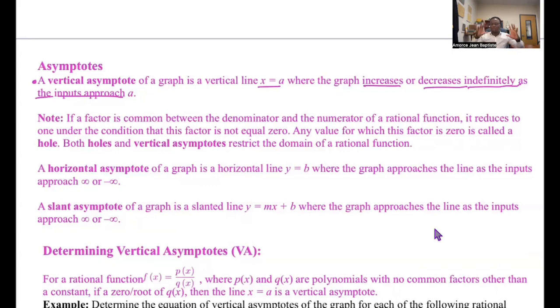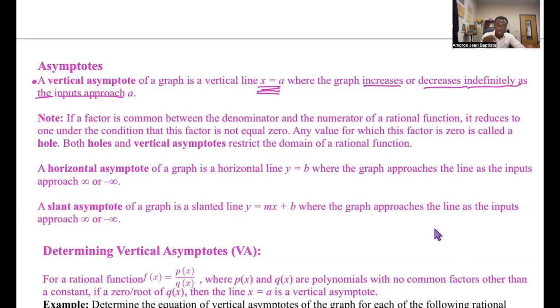This is a very fancy definition of the vertical asymptote, but really what you need to know is that any value that is restricted from the domain of a rational function creates an equation of vertical asymptote. So if a makes the denominator of the rational function equal 0, then x equals a is a vertical asymptote.